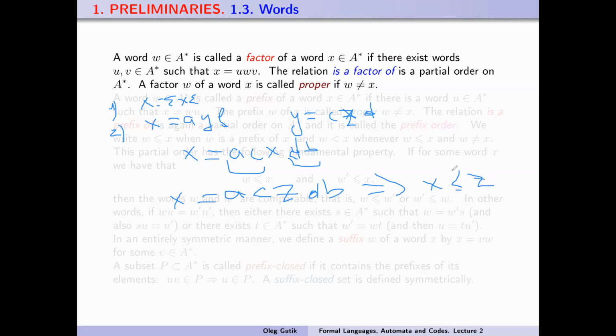And less or equal, we denote the partial order generated by the relation to be a factor of.